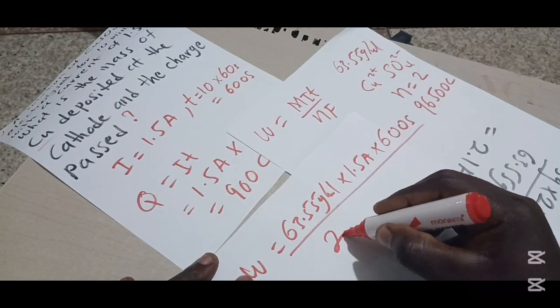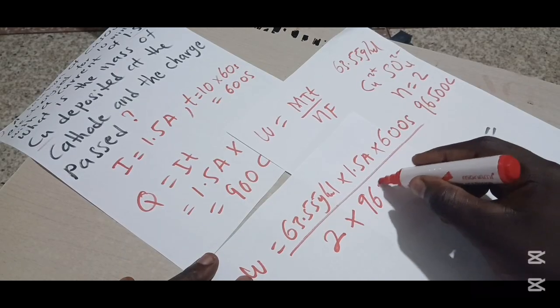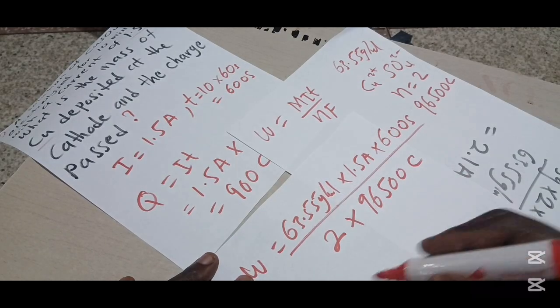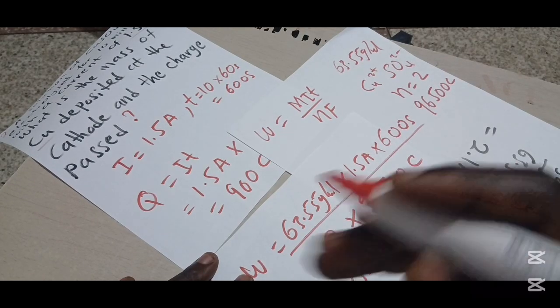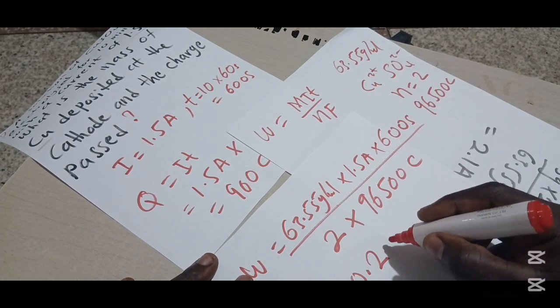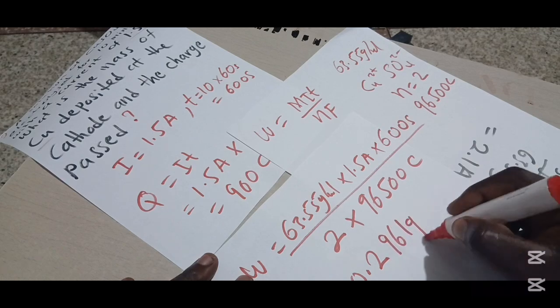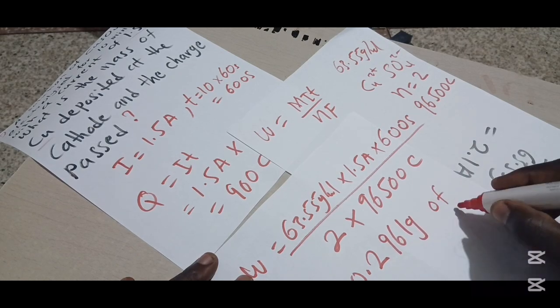Our n factor is 2 by Faraday's constant 96500 coulomb. Punching this on your calculator will give us 0.2961 grams of copper.